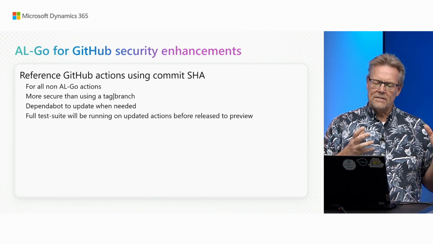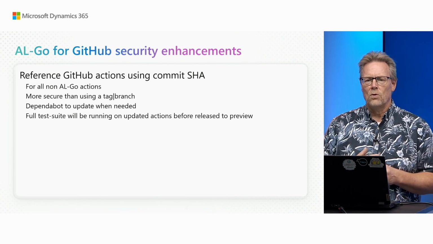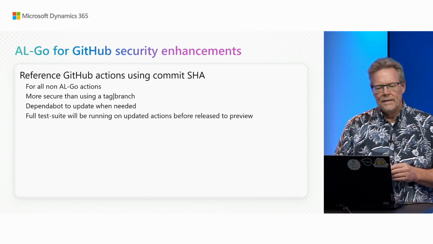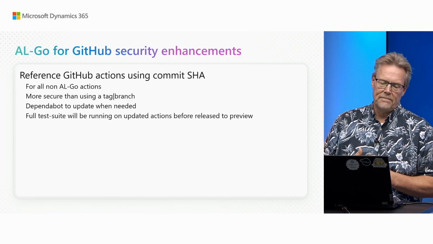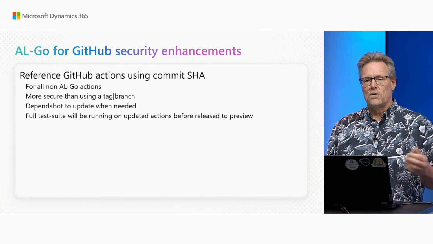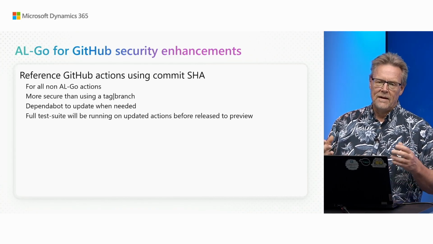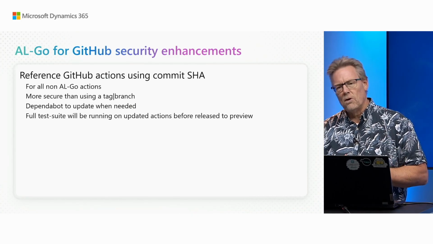And this is for all non-ALGO actions. It's more secure than using a tag or a branch. The Dependabot can update this for us when there's new versions in that. And we will be running a full test suite on ALGO for GitHub whenever there's a change in a new version of these GitHub actions.